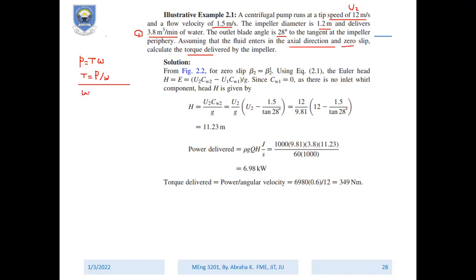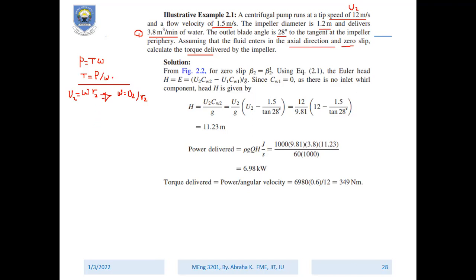Angular velocity is simply from the relation U equals omega times R. Let's say this is U2 and this is R2. From this we can say that omega is U2 over R2, right?